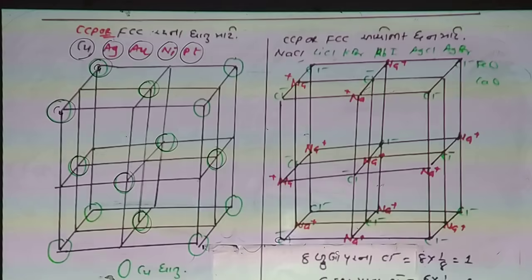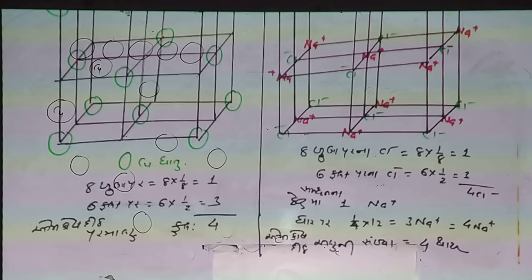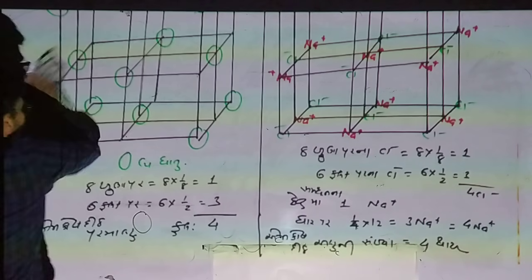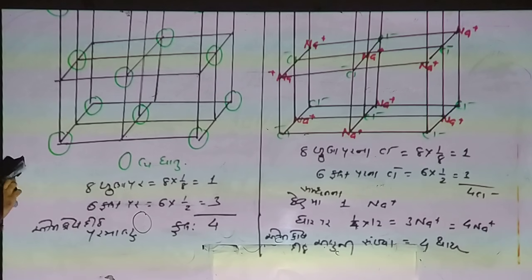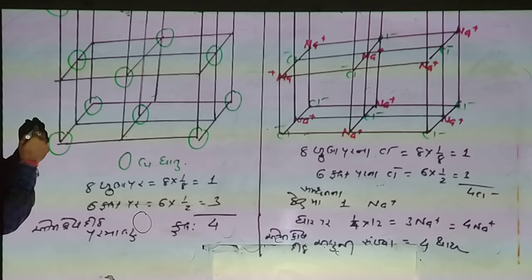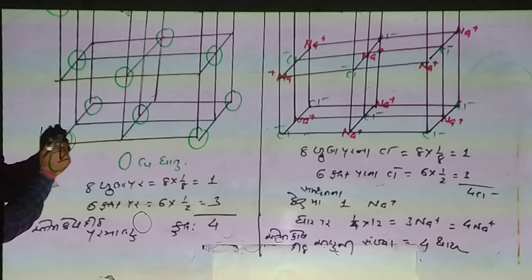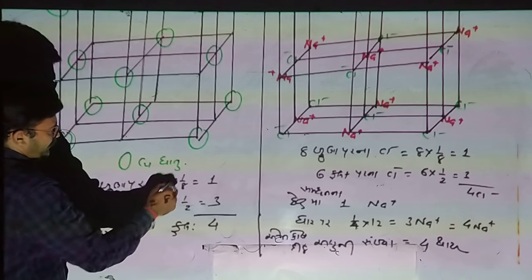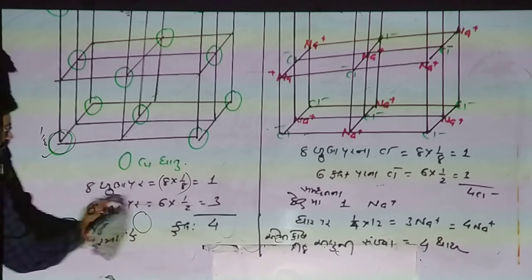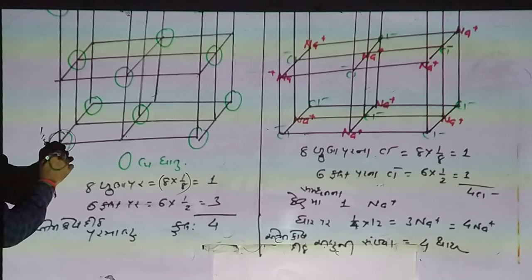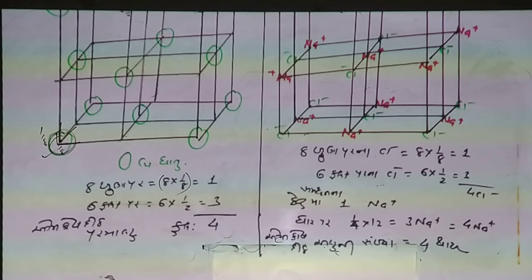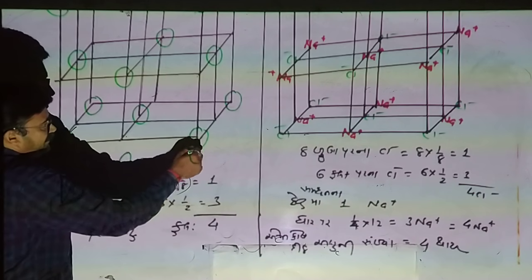In this structure, 8 atoms are present at the corners, but a sphere on a corner is not fully inside the cell. It is 1/8 of each, 8 times.